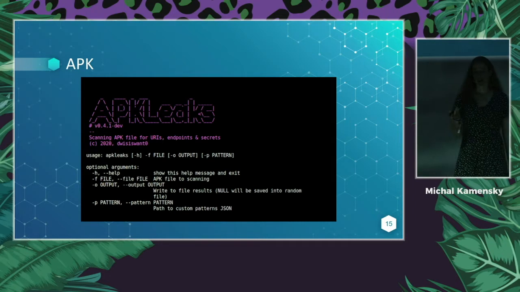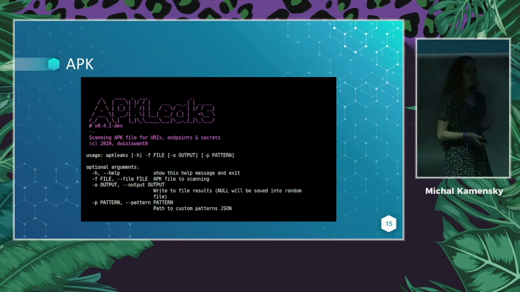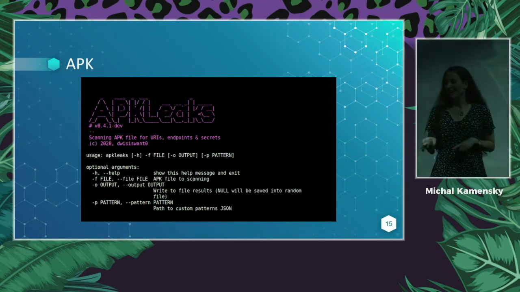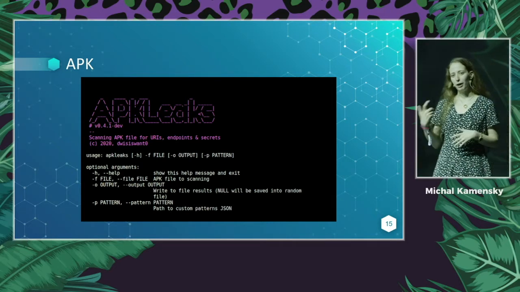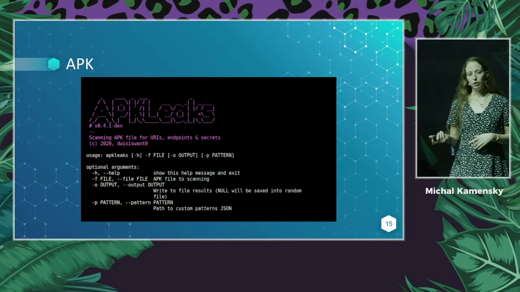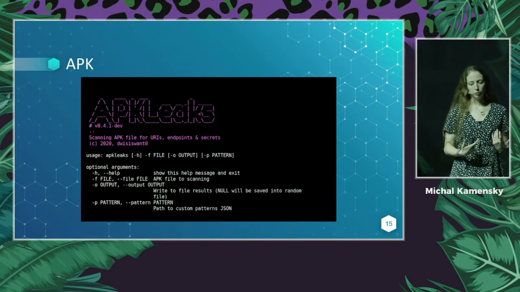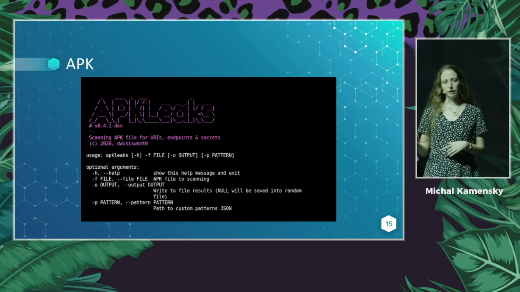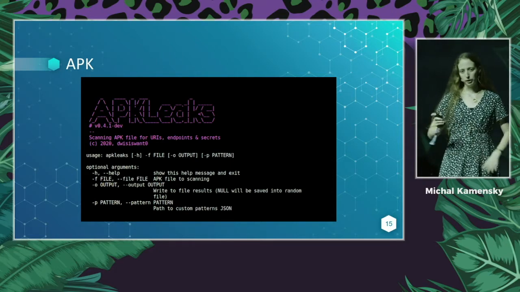So I used this open source tool called APK-Leaks, and it just reverses the code of the APK files and finds passwords and keys automatically. For example, Amazon keys all start with the same prefix, and that's one way you can find keys in the data, and it just prints out everything you need to find.